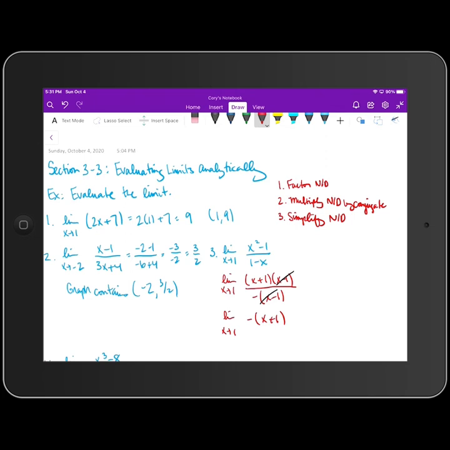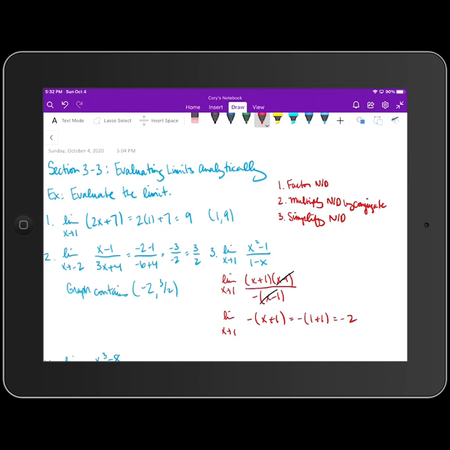That's like saying the opposite of x plus 1. And now I can use direct substitution. When I plug 1 in the place of x, this gives me the opposite of 1 plus 1, which is -2.